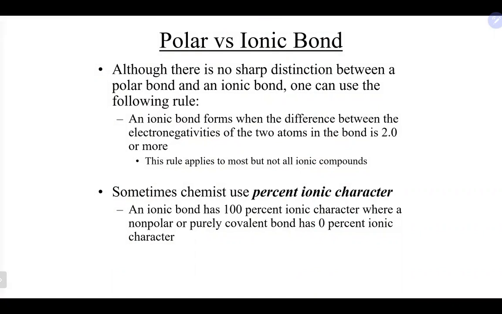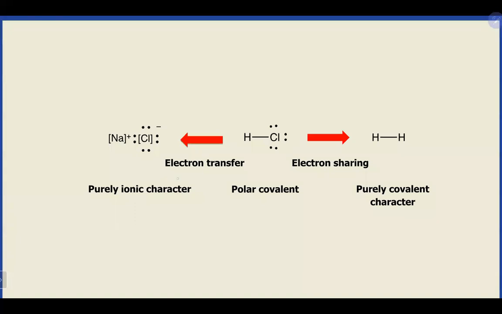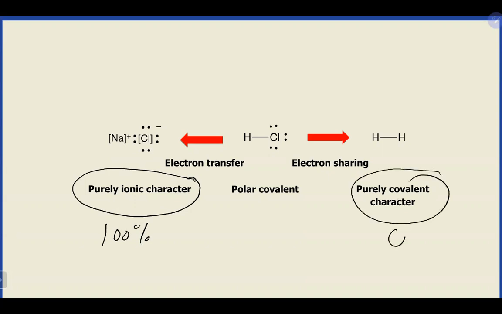So occasionally that does pop up, as you can see here. Purely ionic bond here would be 100% ionic character. This would be like 0% ionic character. And obviously our unequal sharing of electrons would be somewhere percentage-wise in between 0 and 100. Would give you some type of a little bit of characteristics of both, basically.